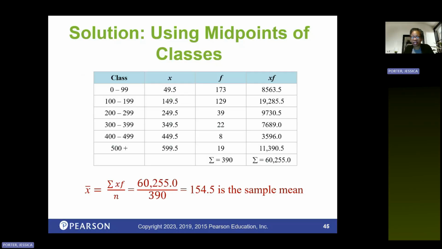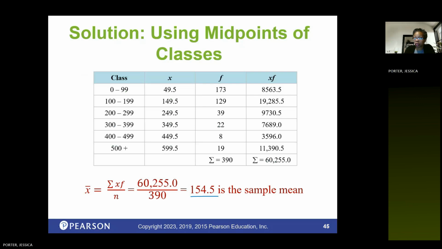You don't have to guess what that's going to be. It'll be given. Okay. So X times F, and then we add all those together to get the sum. Divide that by N, which is 390, and our sample mean is 154.5.